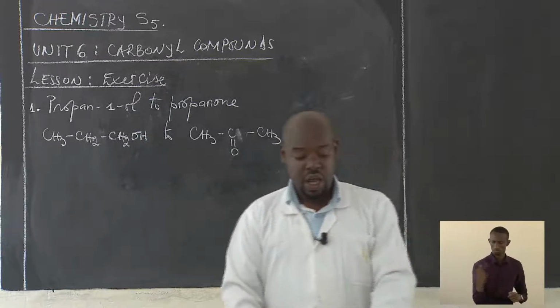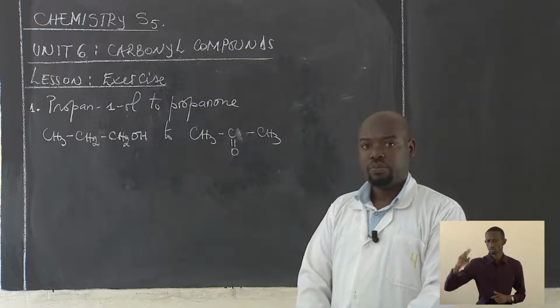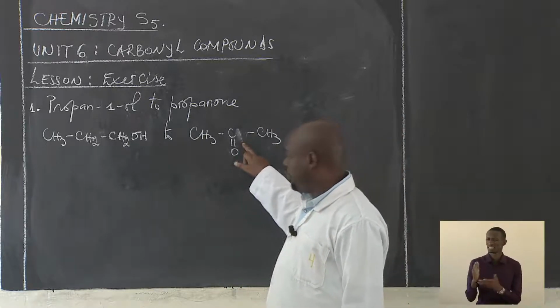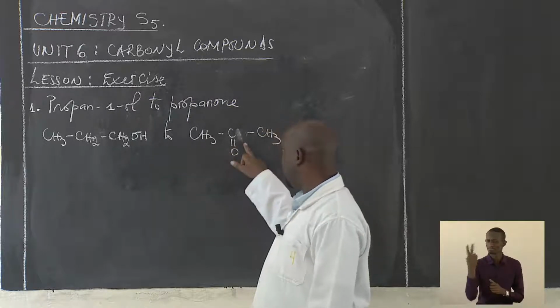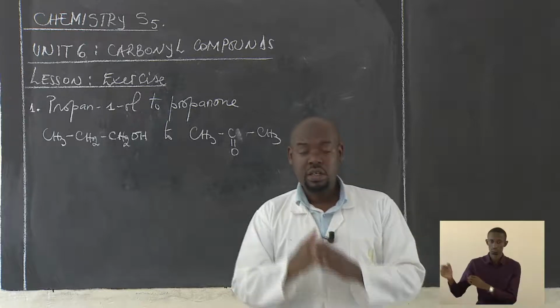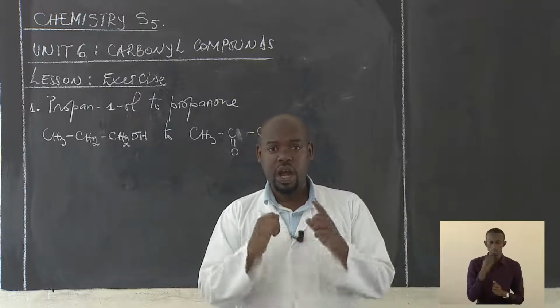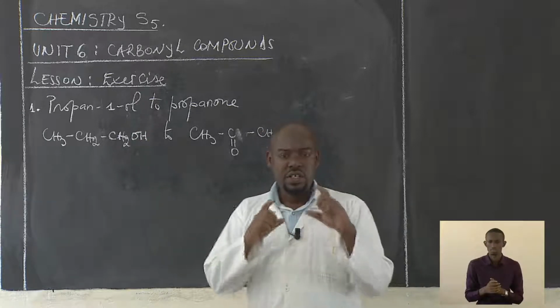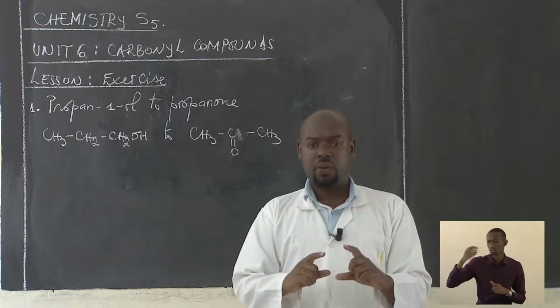The changes we have here, there are two. This is in the oxidized form. From the alcohol to get a carbonyl compound, you need to oxidize. But there is something very important we have to deal with. The alcohol we have has the oxygen on the first carbon atom.